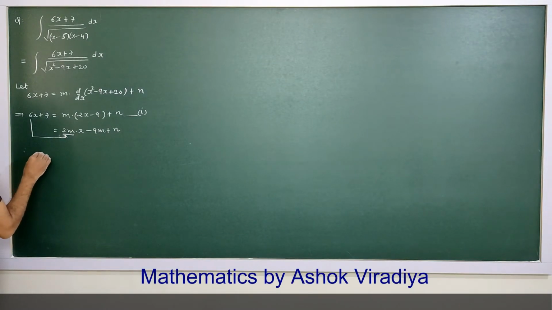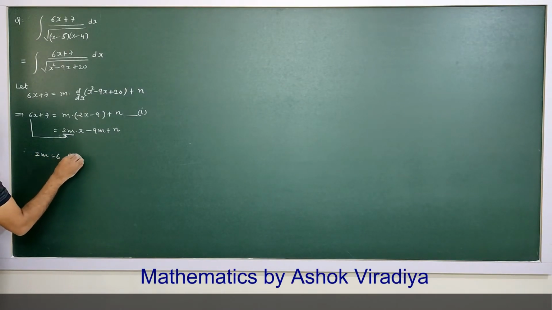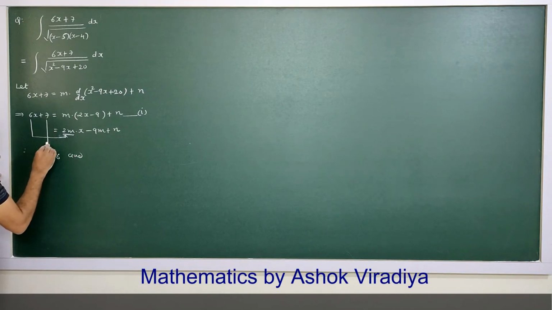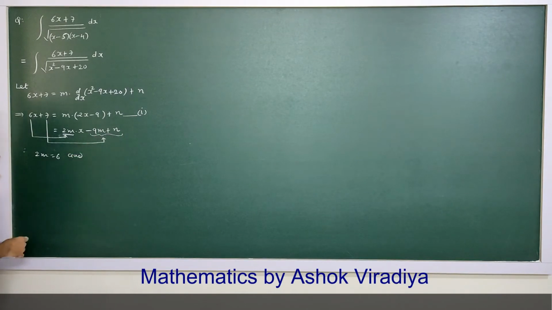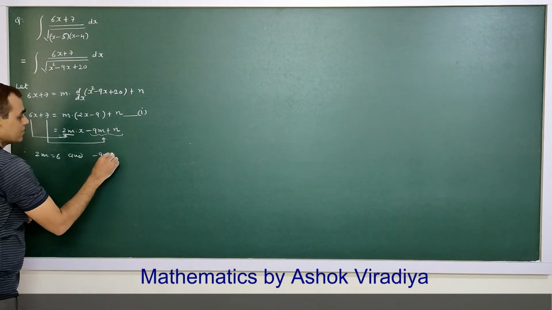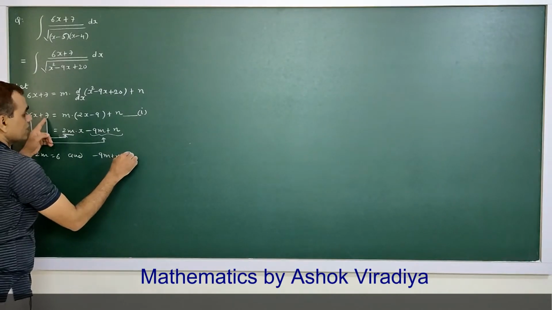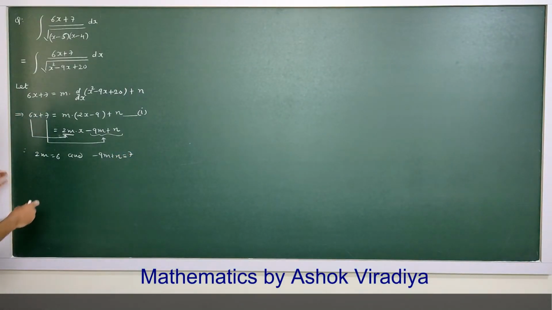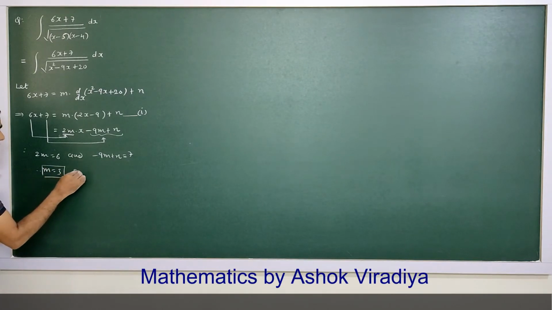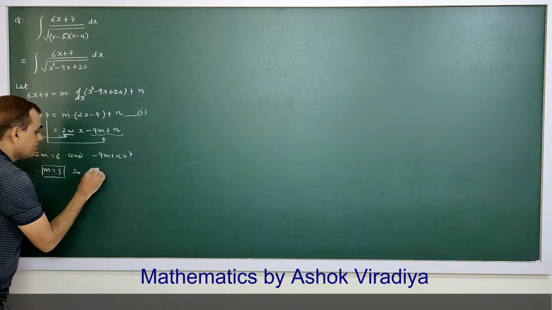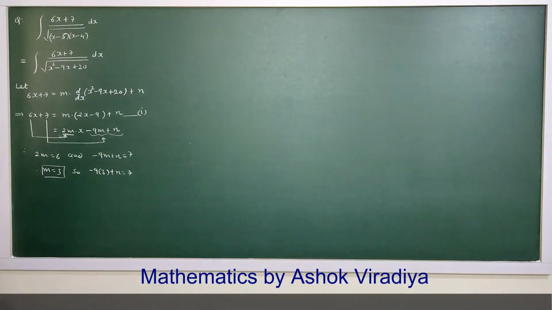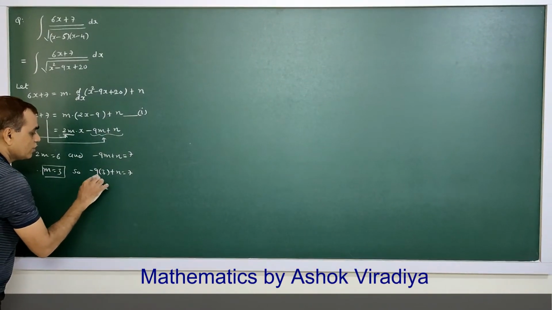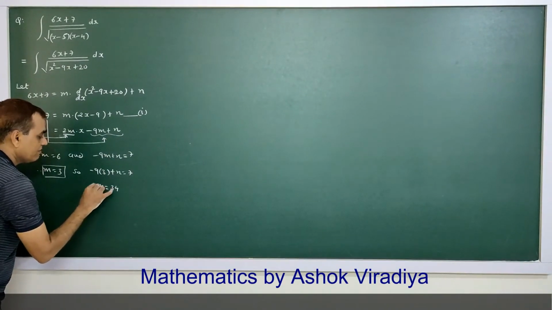So comparing both sides, 2m is 6, and 7 should be the value of the constant part, so -9m + n equals 7. So m is 3. Putting m = 3 here, -9 into 3 plus n is 7, so n is 27 + 7, 34.